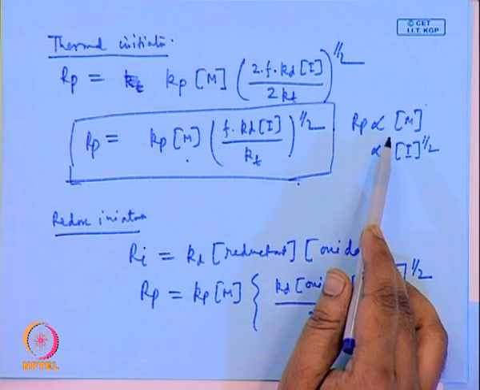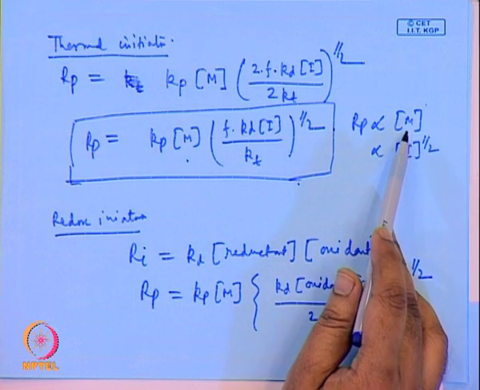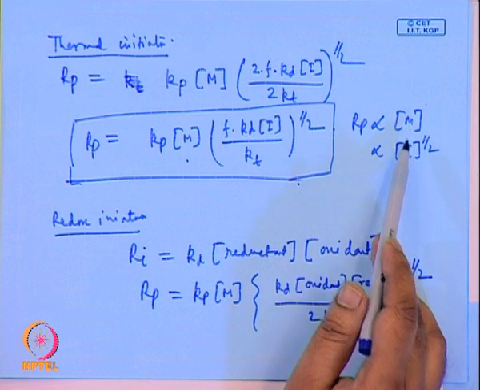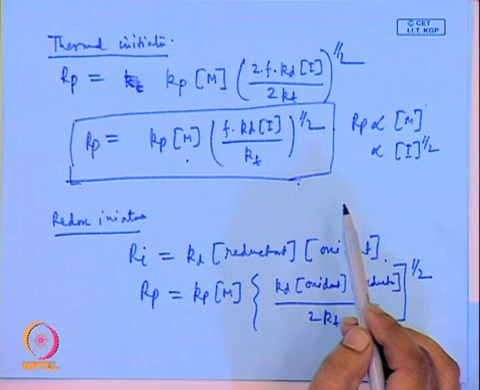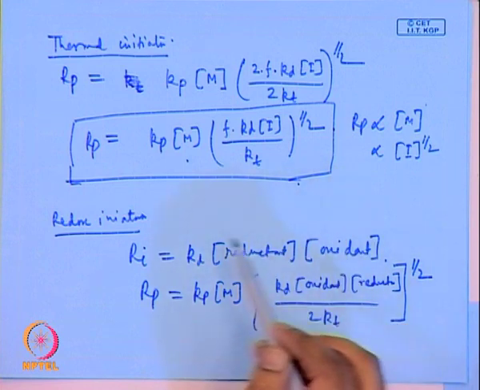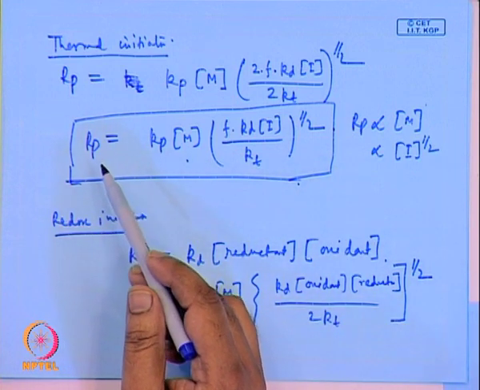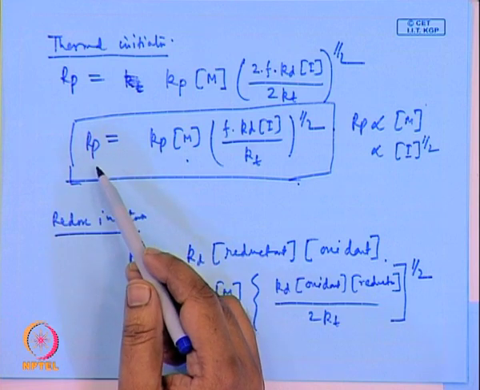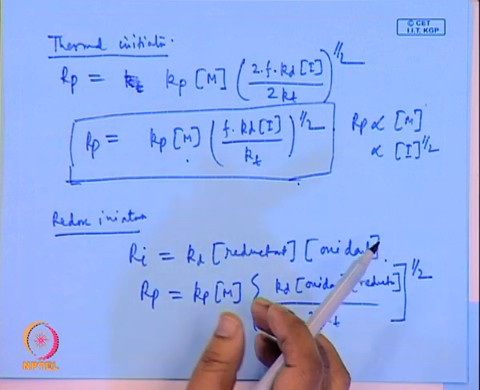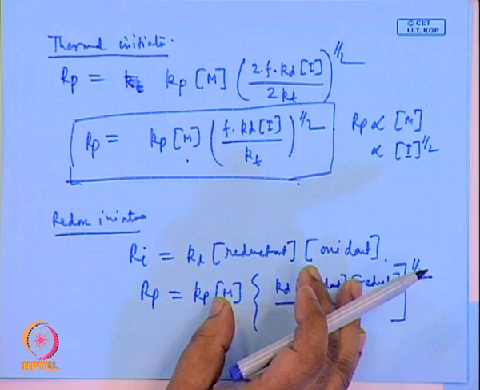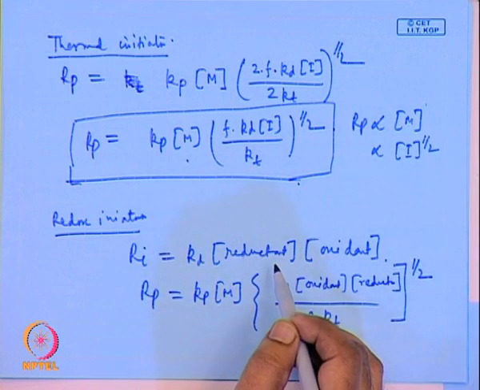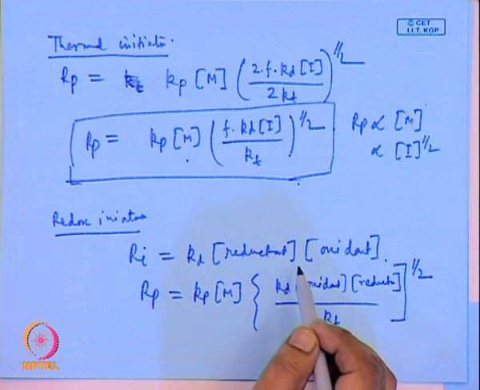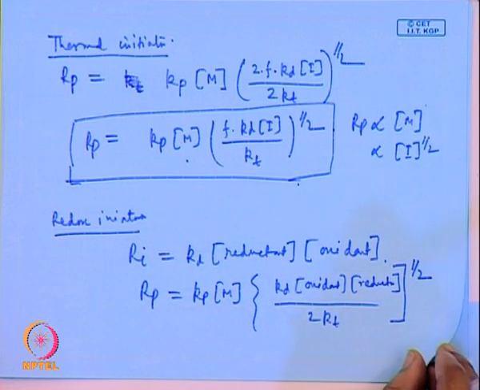Which also means that as the reaction progresses, both the concentration of monomer and the initiator come down, which means as the reaction progresses with time, the rate of polymerization also comes down. But there is a special case at the end of the reaction, if the monomer concentration is very high, which we will talk about in a later lecture.